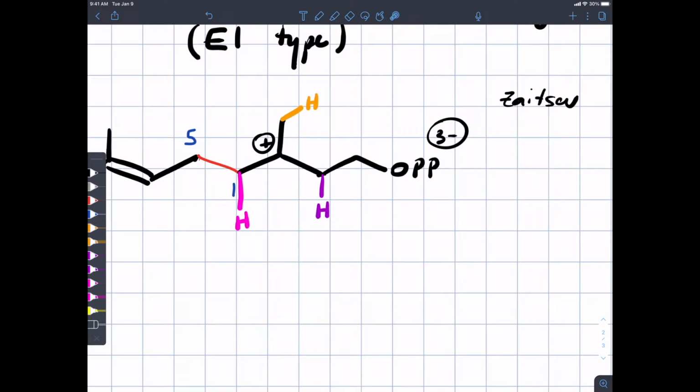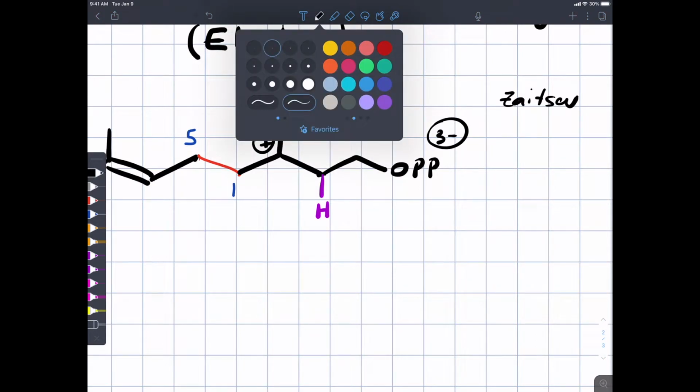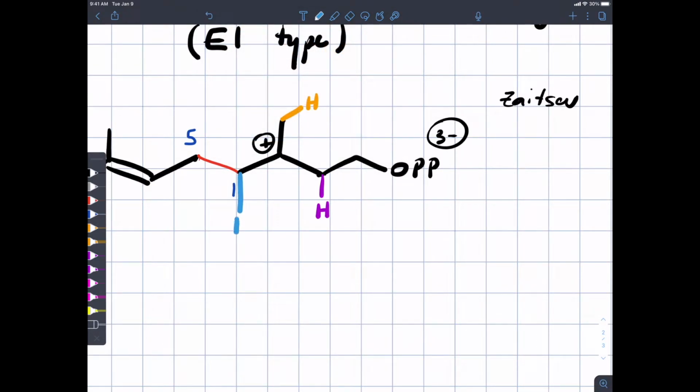So if I were going to choose, I would choose pink or purple. I forget that on the screen pink and purple look exactly the same. So let's go with blue. That's a lovely color of blue. Okay. Purple or blue versus orange. We would definitely not choose orange because that would give us a disubstituted alkene, whereas if we choose pink, blue or purple, we get trisubstituted alkenes. All right, so we'll go ahead and cross this one off the list.